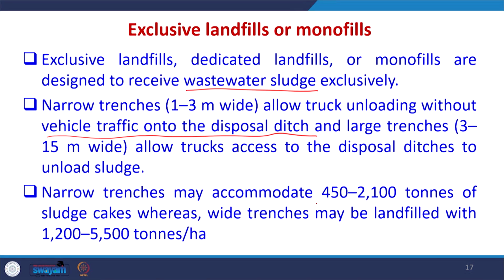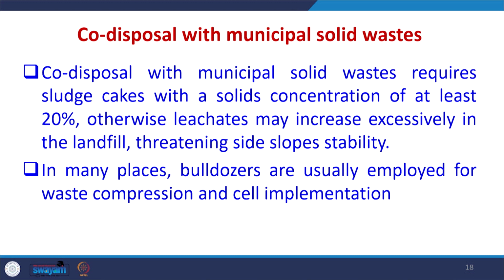Narrow trenches may accumulate 450 to 2100 tons of sludge cakes, whereas wide trenches may landfill up to 1200 to 5500 tons per hectare. If we are going for co-disposal with municipal solid waste, then it will require sludge cakes with solid concentration of at least 20%.